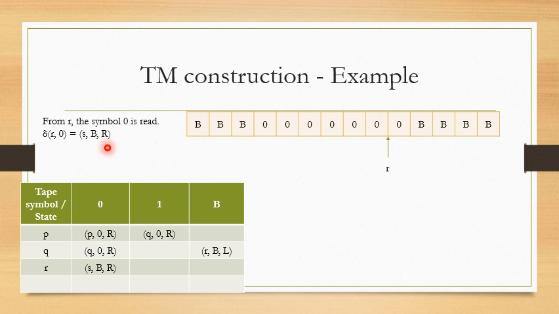All these transitions we have written here should be correspondingly updated in the transition table also. In the next transition we have this 0 replaced with B. So this is the end. Finally we have 1, 2, 3, 4, 5, 6 zeros, and all the rest are blank symbols.